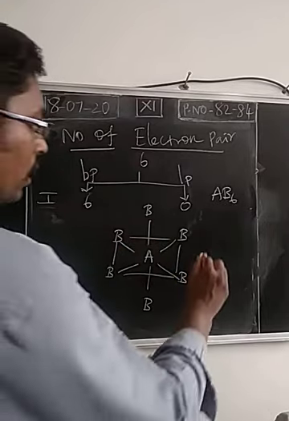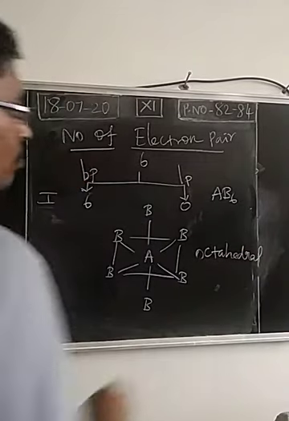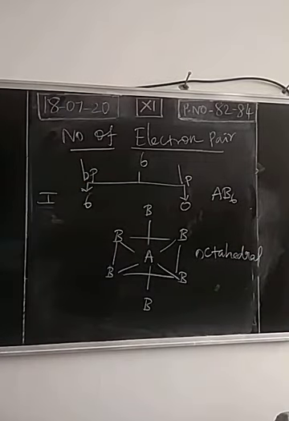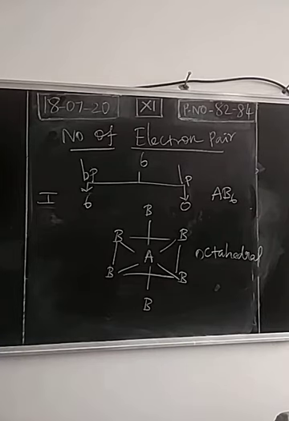So this is called octahedral. The geometry is called octahedral. So around the central atom there are 6 pairs of electrons. They are present in the form of bonded pairs of electrons. So this is called octahedral.